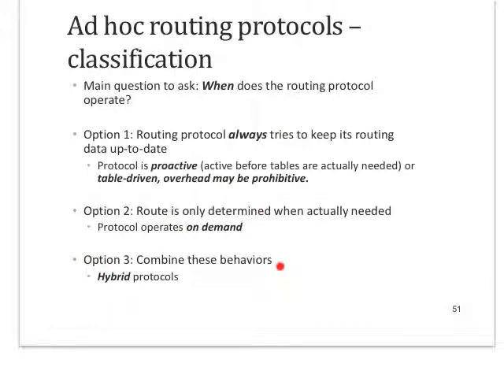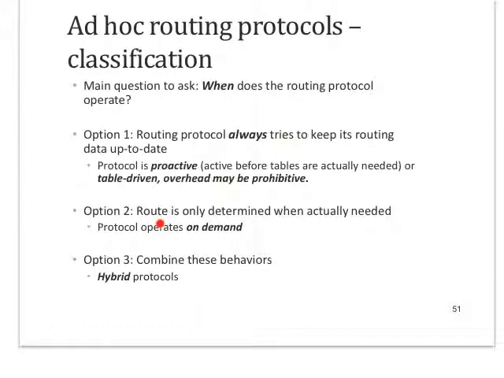The third option is a combination of both. But first, I have to say that for option 1, when you send these probes back and forth, this will help you generate the routing table. You keep exchanging these probes back and forth, and then update your routing table. Here, there's no routing table.